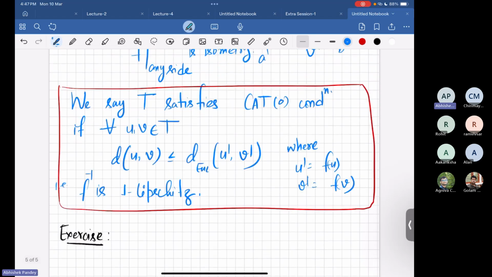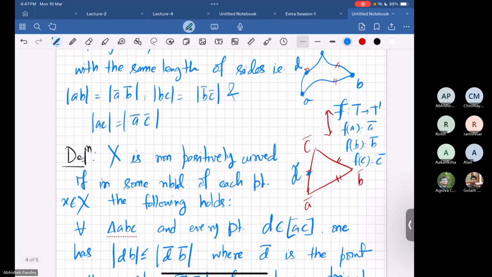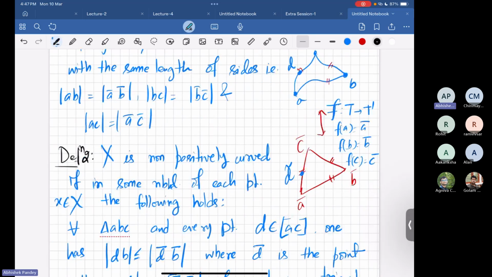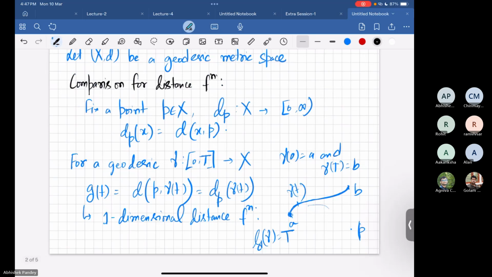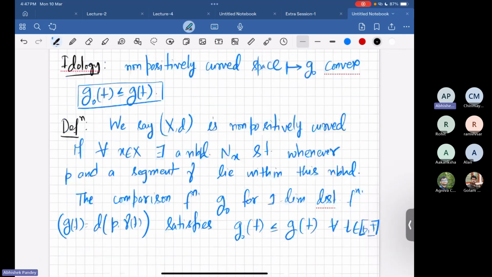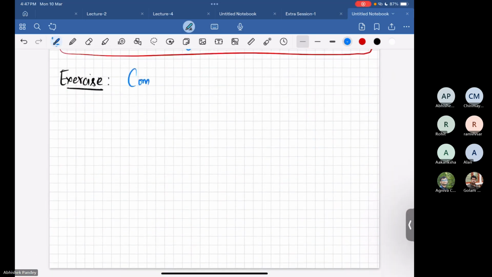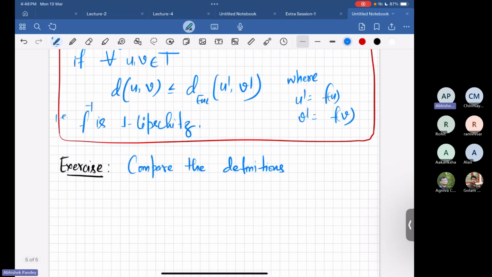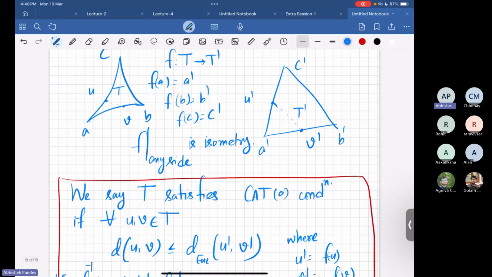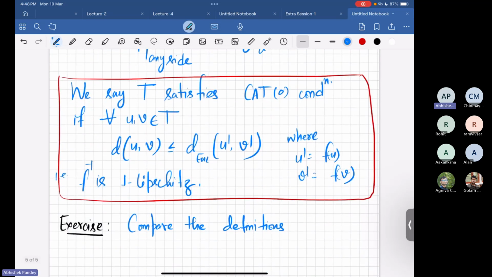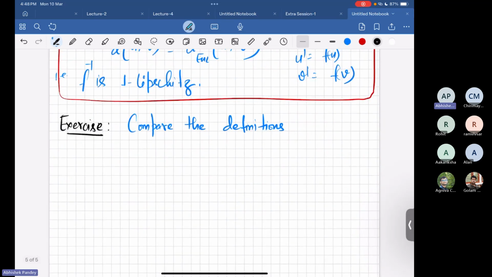Geometrically, just try to see that the CAT(0) condition is the definition 2 and this is definition 1. This is fairly easy, but it would be nice to see geometrically how this is going on. So say this is definition 3. Compare the definitions.